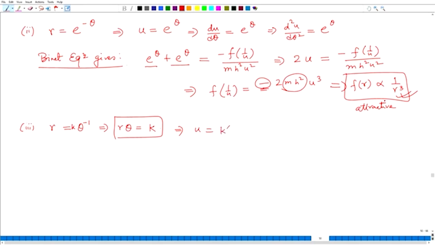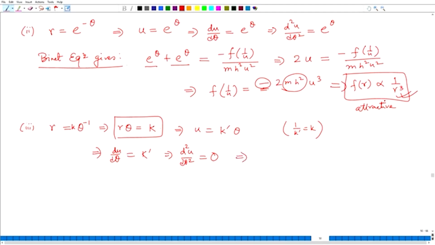k prime theta, the same thing. It was like k by theta, so u will be theta by k. So 1 by k prime is equal to k. And so you have this. Now, du d theta is constant and d2u d theta 2 is equal to 0.